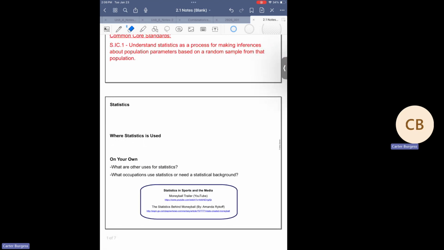Statistics are, for all intents and purposes, just a set of tools that we are going to use to say something about data, or maybe a better way to say that, they're tools for analyzing data.